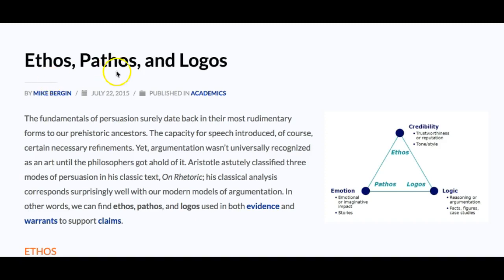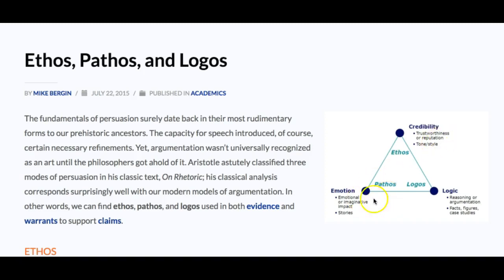You'll be using ethos, pathos, and logos. Persuasion has always been part of our DNA, I guess, that we're able to have an argumentation and be able to clearly define what those are. So really quickly, ethos is credibility: you're trustworthy, you have a good tone or style, the expert feeling is there, and you're presenting with credibility where people will believe you.